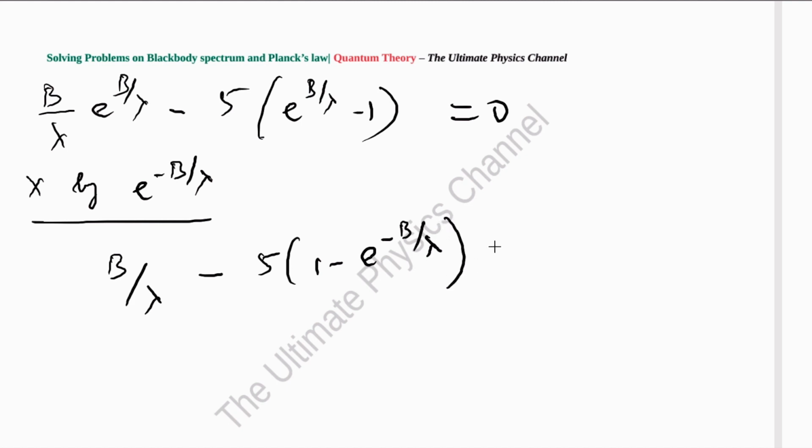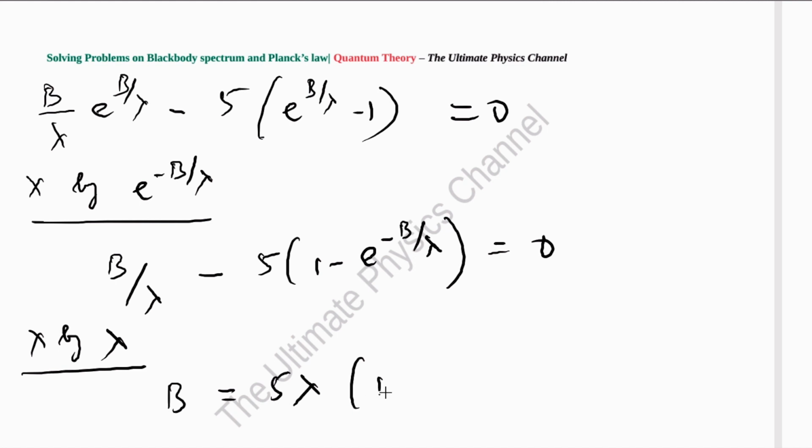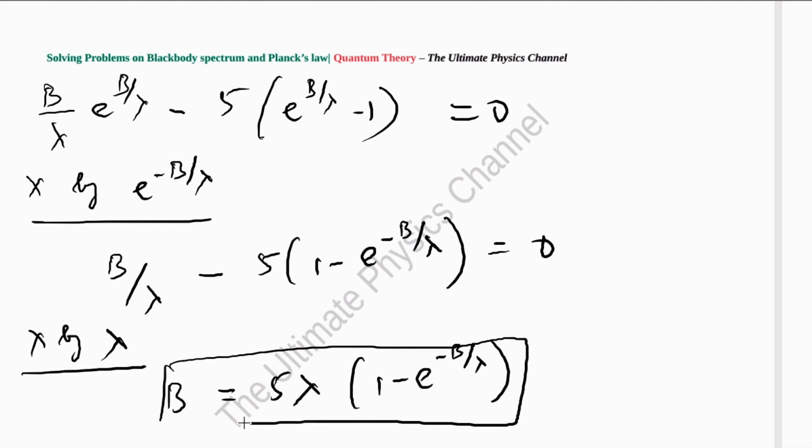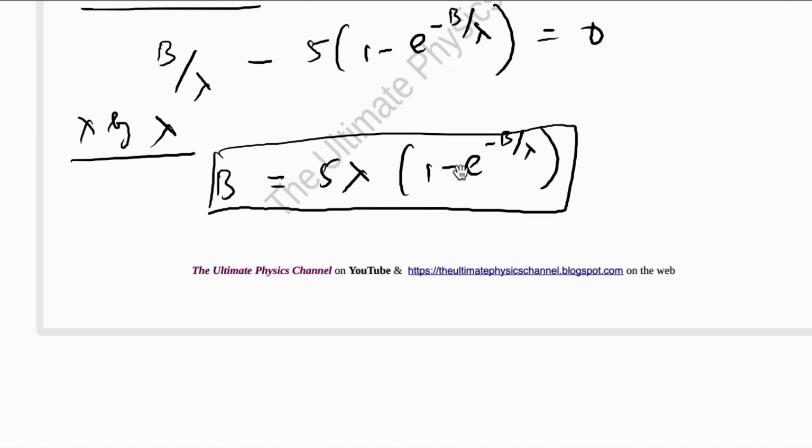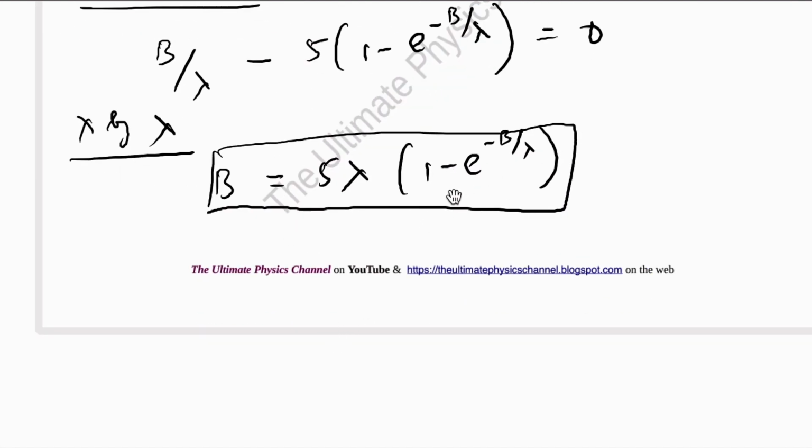The simple adjustment if we do, then we can multiply the whole thing by lambda to make it simpler. Then we have b is equal to 5 lambda times 1 minus e power minus b over lambda as the final expression for b, which involves b and lambda and b over lambda. This expression can be solved by a guess. So first, two things we can do.